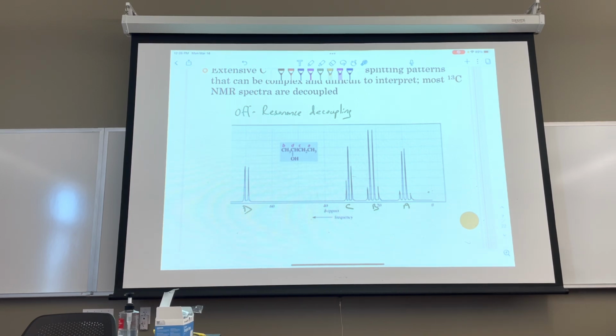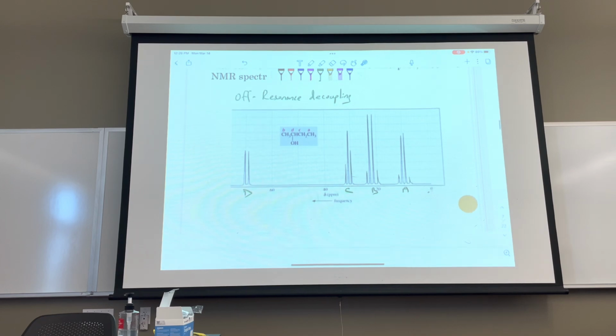So why is it that letter C is more deshielded than letter B? If you're talking about equivalent peaks, in the same location, what do we call these?